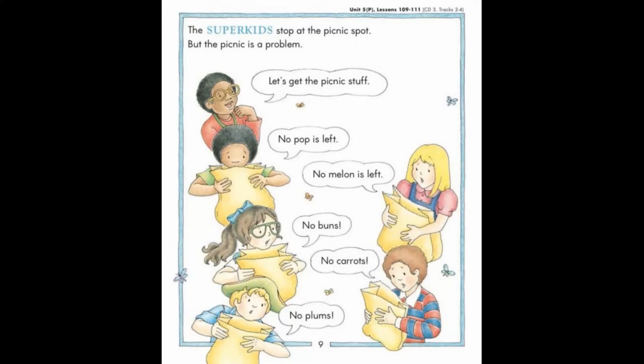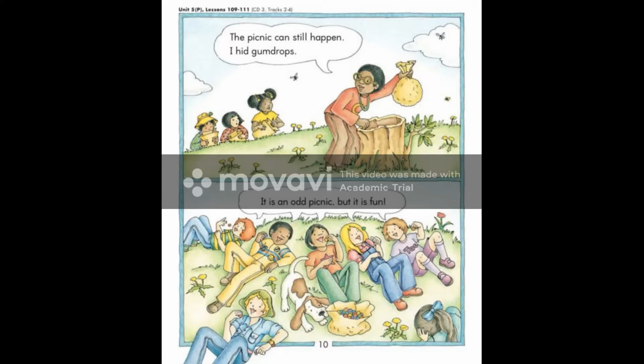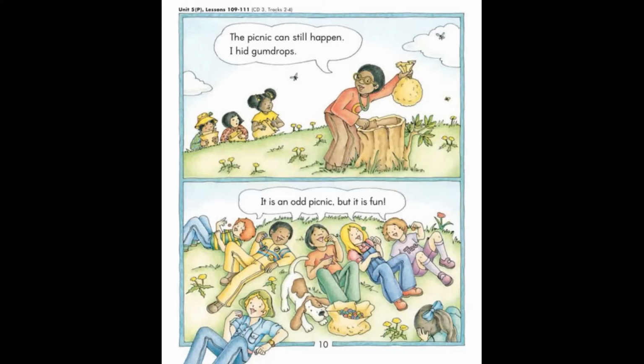Now turn to page 10. Look at the sentences in the top box on page 10. Find the sentence that says, "I hid gumdrops." Draw a line under the sentence, "I hid gumdrops."